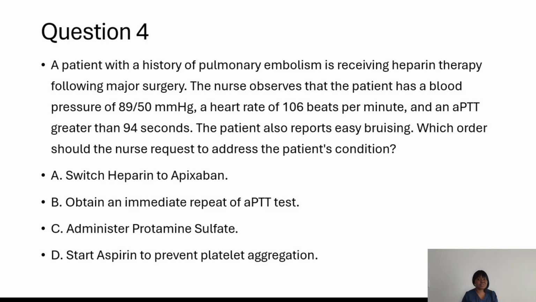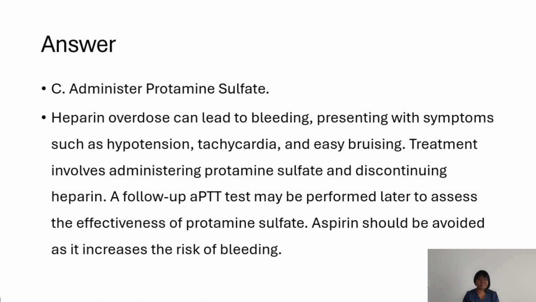C, administer protamine sulfate. Yes, because protamine sulfate is the antidote for heparin overdose. D, start aspirin to prevent platelet aggregation. No, that will also prolong bleeding because the patient is already bleeding, so the clotting time will be increased, and we don't want that. So the best option would be C, administer protamine sulfate.